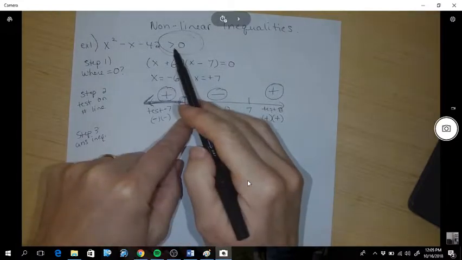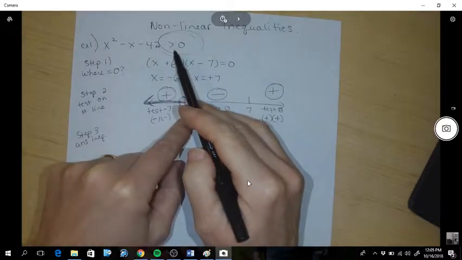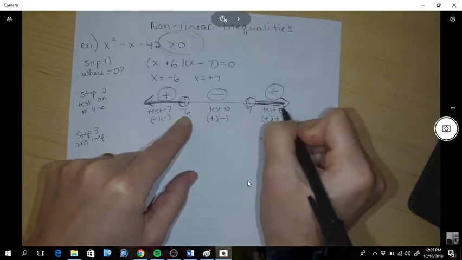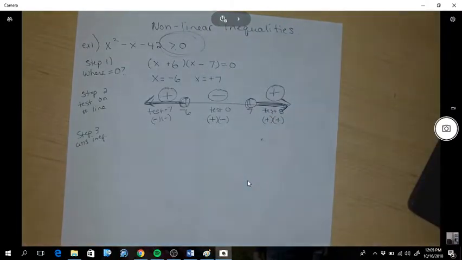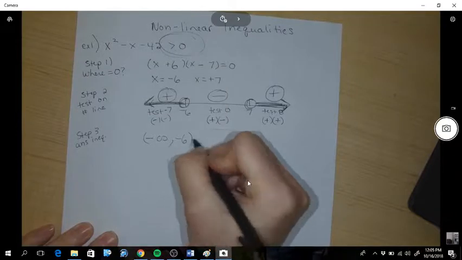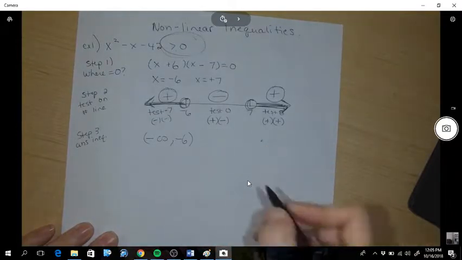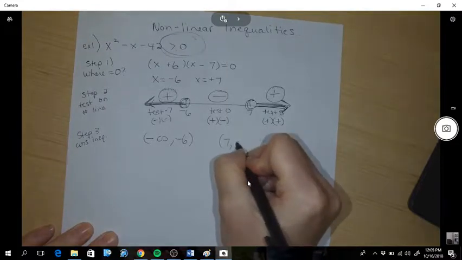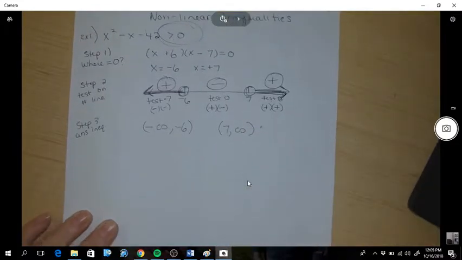But this does not say I want to be equal to 0, just greater than. So I'm also going to put an open dot and then say I want that region as well. So my final answer is the region from negative infinity up to negative 6 with a soft bracket, and then the other region that works is soft bracket 7 to infinity.